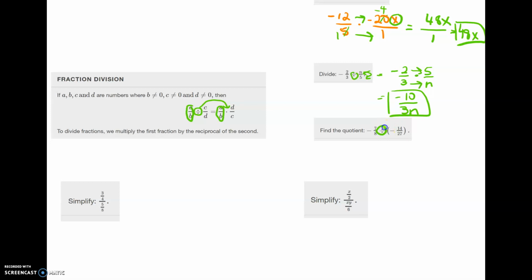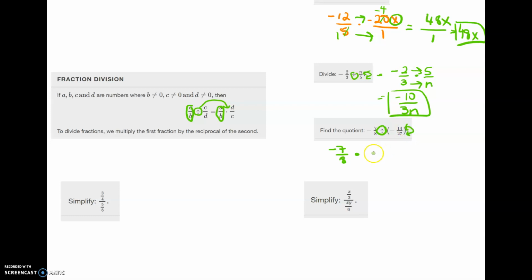Let's practice with the second one. Again, we're going to change this division problem to a multiplication. I am going to rewrite the first fraction exactly as is. I'm just going to assign the negative to the numerator, so that's negative 7/8. We change the division to multiplication, and then that second fraction, we are going to flip it.